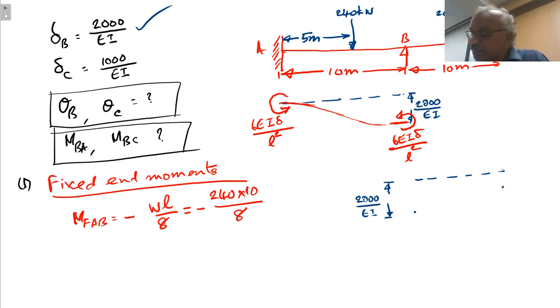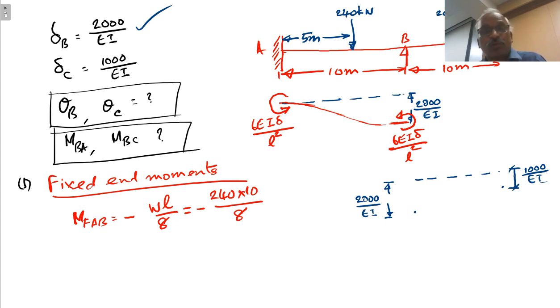Therefore, this is the settlement of support C. So the relative settlement is half, 1000 by EI.